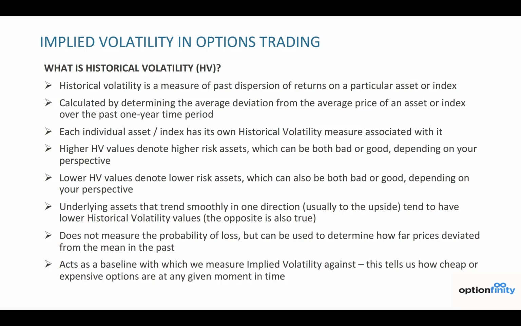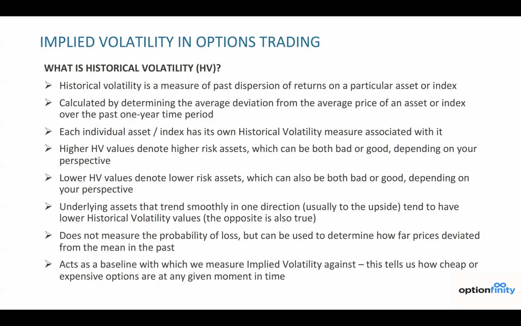Now, one thing about historical volatility is that it does not measure the probability of loss, right? But it can be used to determine how far prices have deviated in the past from the mean or the moving average, as I mentioned prior, right? So stocks that have had a lot of volatility over the past year will have higher levels of historical volatility.